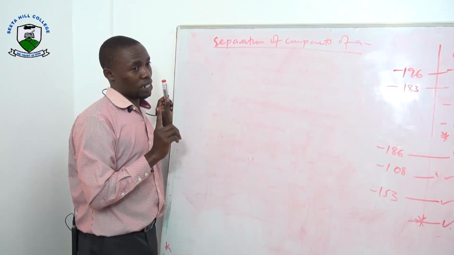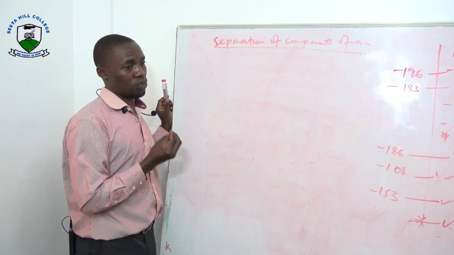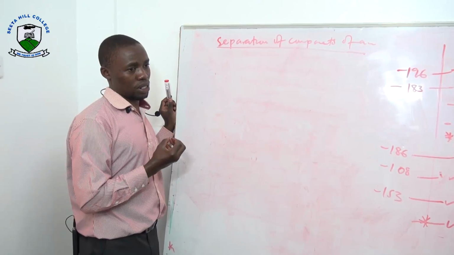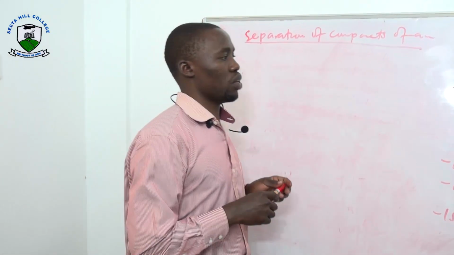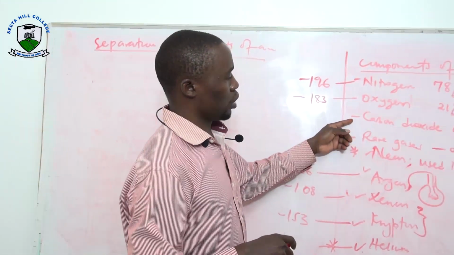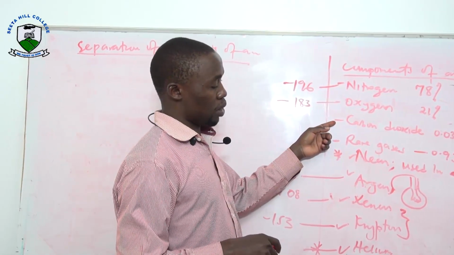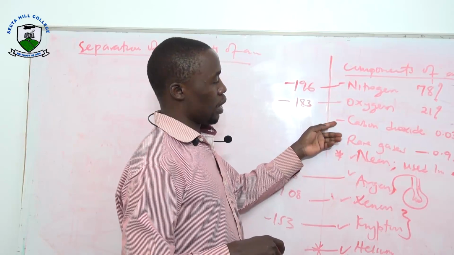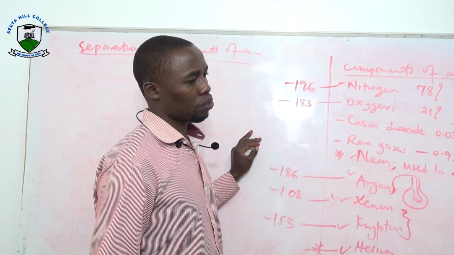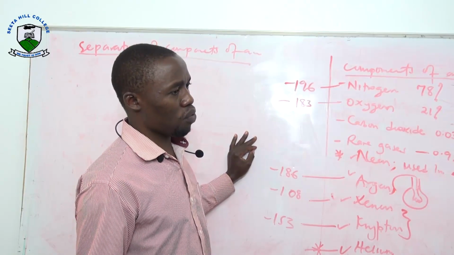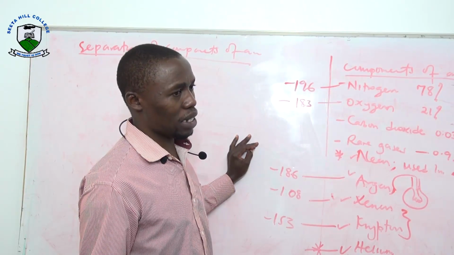The air is first converted into a liquid, because fractional distillation works on liquids with different boiling points. But in the conversion into a liquid, carbon dioxide and water vapor, because air contains carbon dioxide and water vapor, are first removed. In the struggle to convert air into a liquid, they easily change.